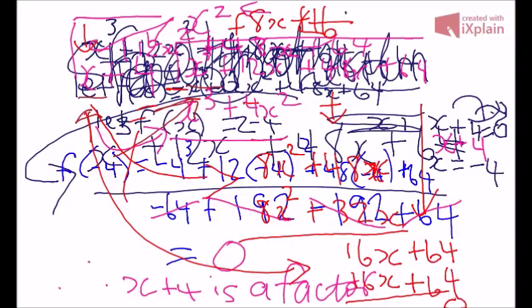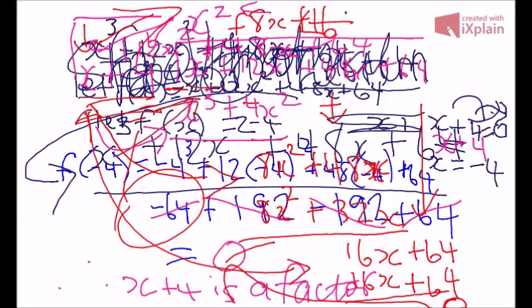And there we have 0. I'll just write it up here. We have 0. And that is how you know now. This is how you're showing that x plus 4 is a factor of this over here. And I hope that that explanation was really clear to you guys.